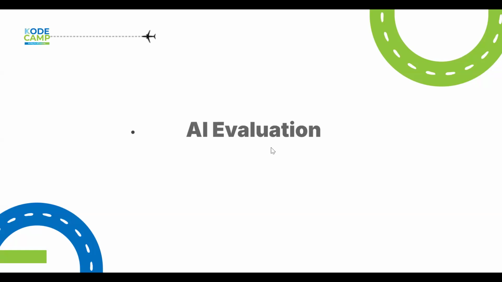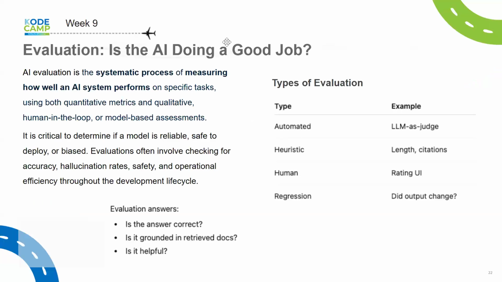And there are different ways we will do that. So AI evaluation is a systematic process of measuring how well your AI system is performing on specific tasks. You are using both quantitative metrics and qualitative human-in-the-loop or model-based assessments. So there are standard metrics that you use to measure.